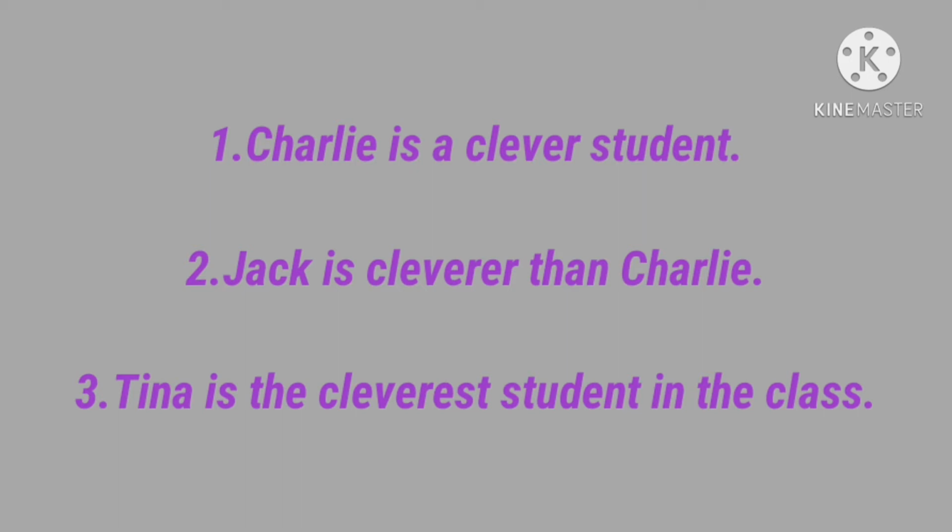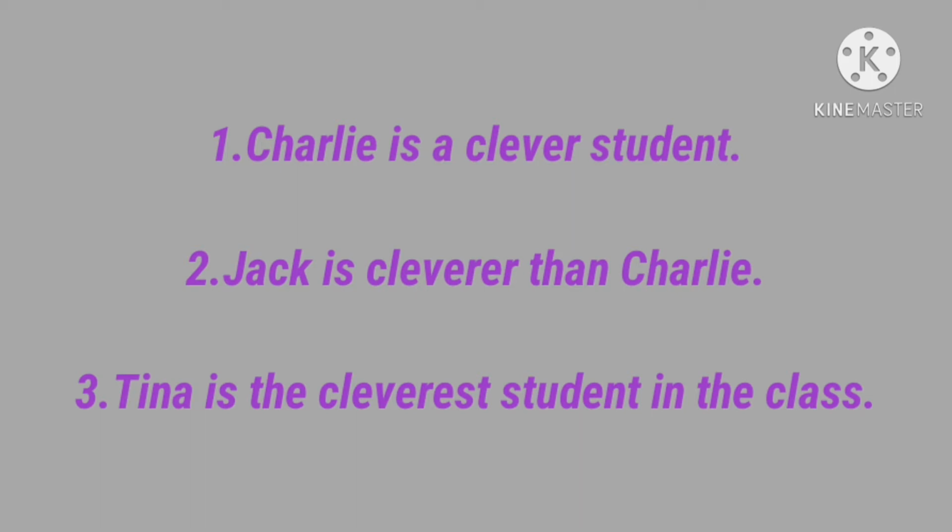The second sentence, which is the adjective? Cleverer. The adjective cleverer shows that Jack has that quality more than Charlie. Have you understood? In the first sentence, clever refers to the quality of only Charlie.